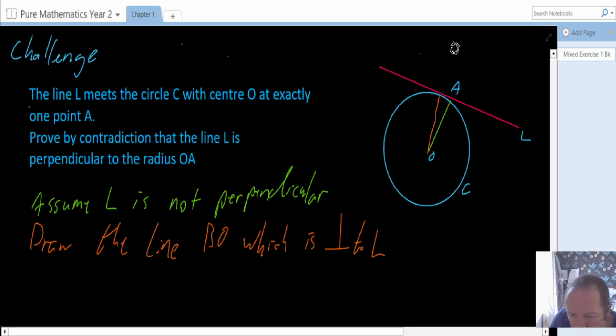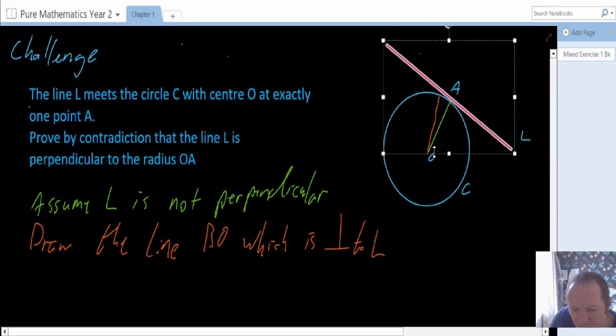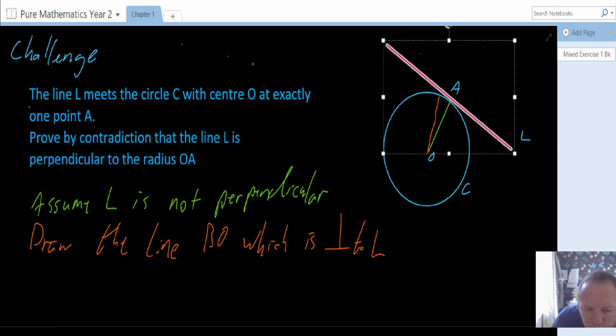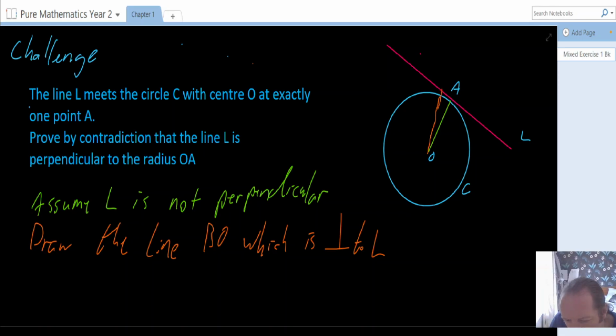As I draw this line, it is perpendicular to L, because that's what I have decided to do with it.